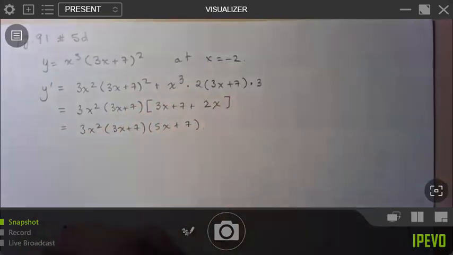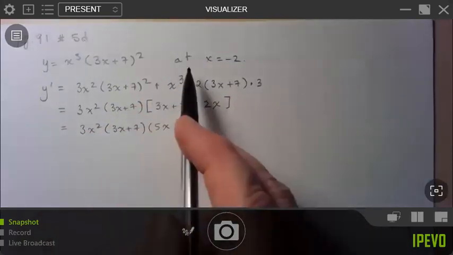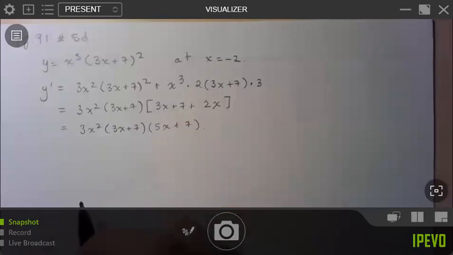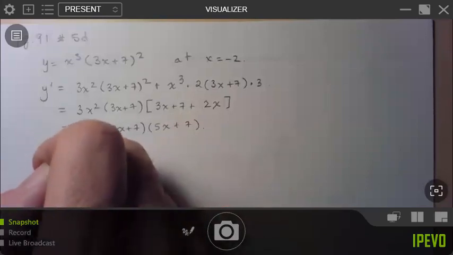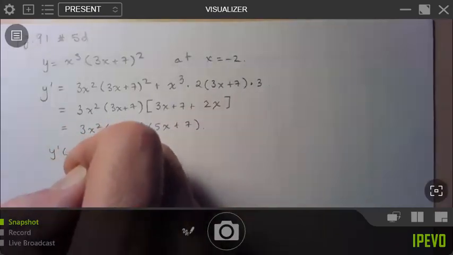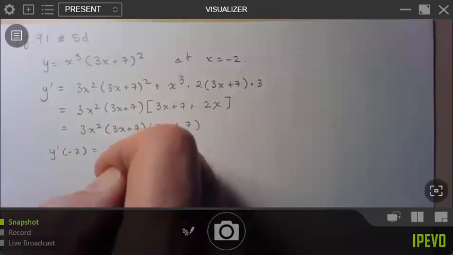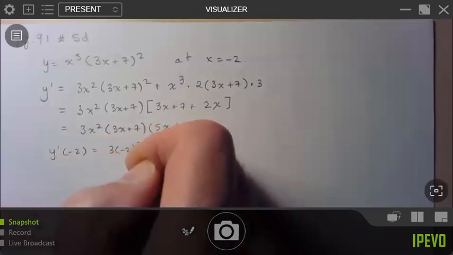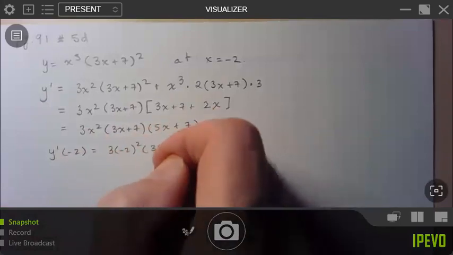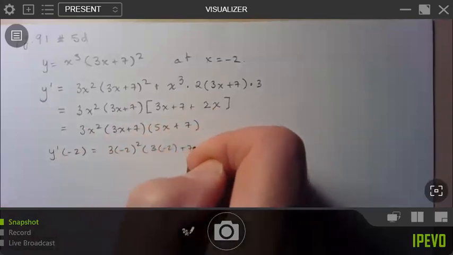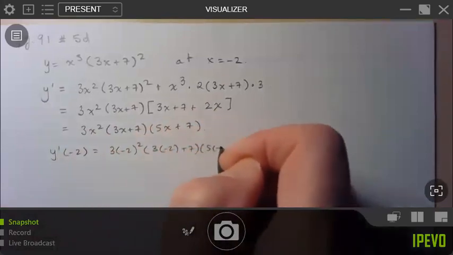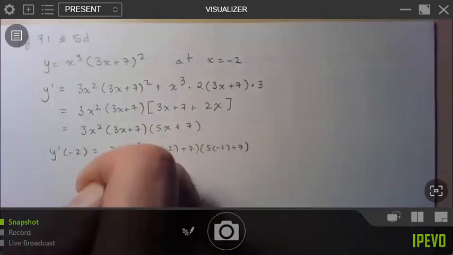Okay. And so now finding even the derivative at -2 is much easier. So y prime at -2. Now I can actually determine that 3 times (-2) squared times (3 times -2 plus 7) times (5 times -2 plus 7). And so what do we have here?